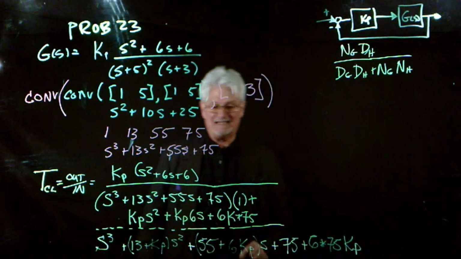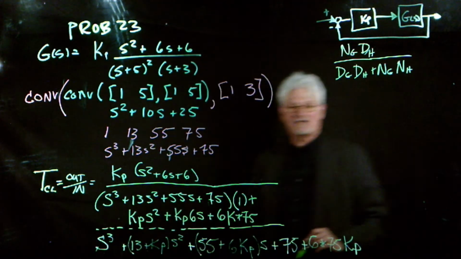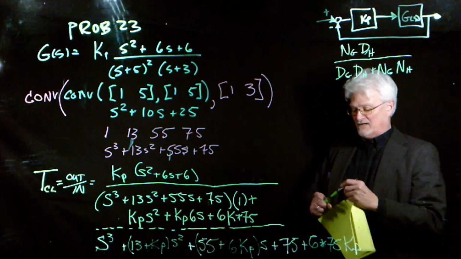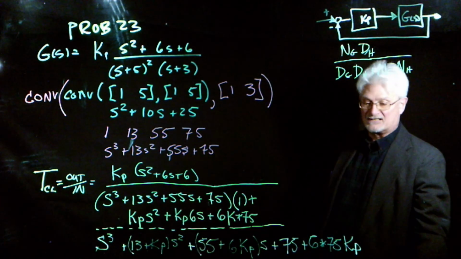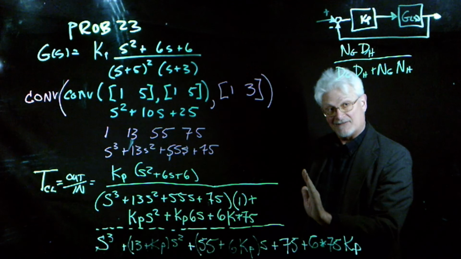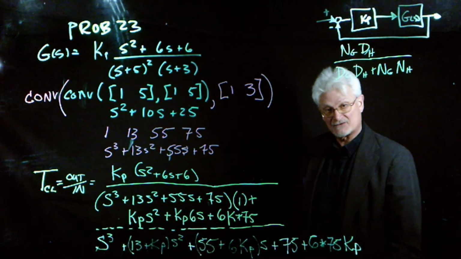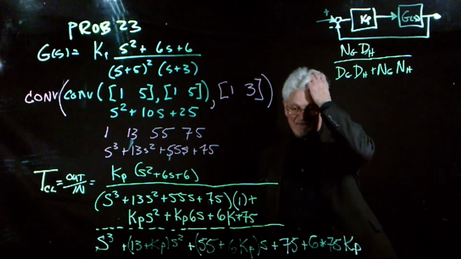So that's the denominator. And what we know from our earlier discussions is that as long as the roots are on the left half plane, then we're good. We've got stability.